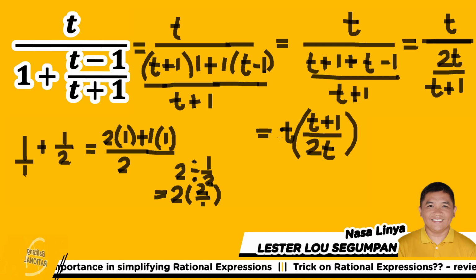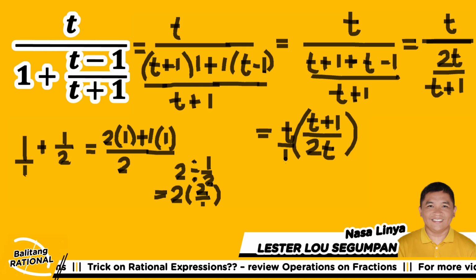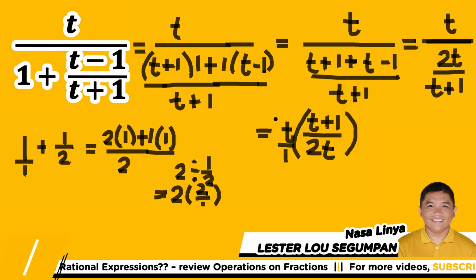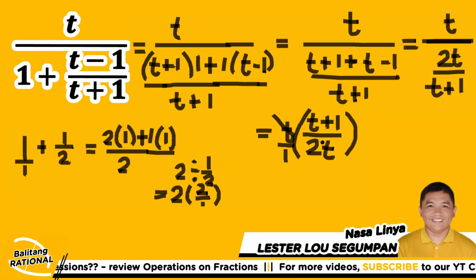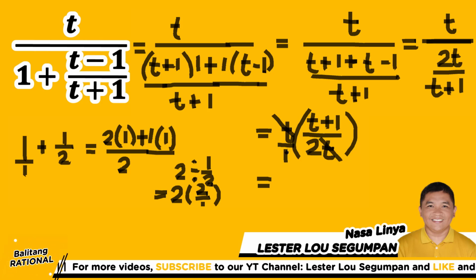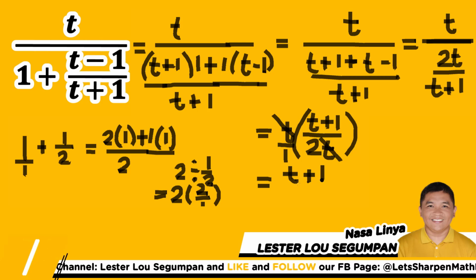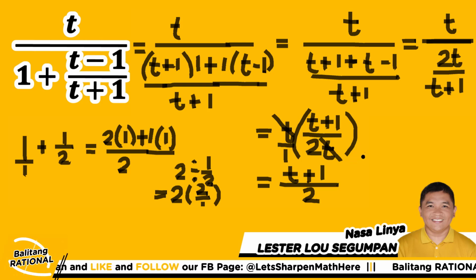Pagkatapos nito, don't forget again, just like earlier, that 1 is 1 over 1. This t here can be written as t over 1. And with that, we can see there is t here, meron ding t tayo dito. So when we cancel them, the final result of this rational expression in its simplified form is only t plus 1 over 1 times 2, 2. This is now the simplified form of the given.